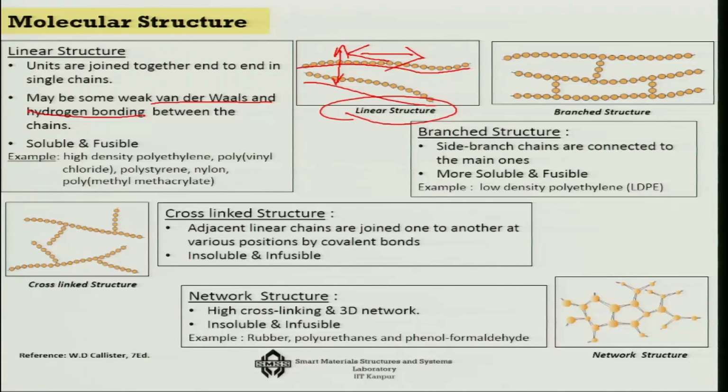That is why polyethylene films you can actually reuse or recycle very easily. The examples are high density polyethylene, low density polyethylene, etc., and then PVCs, polystyrene, nylon, PMMA, all of them are good examples of the linear structure.